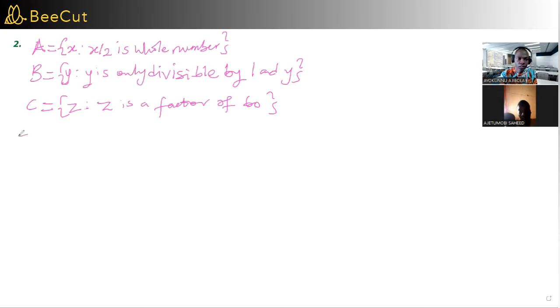And let us now say the universal set E is A. Now A is such that A is a number less than or equal to, let me undo that again.